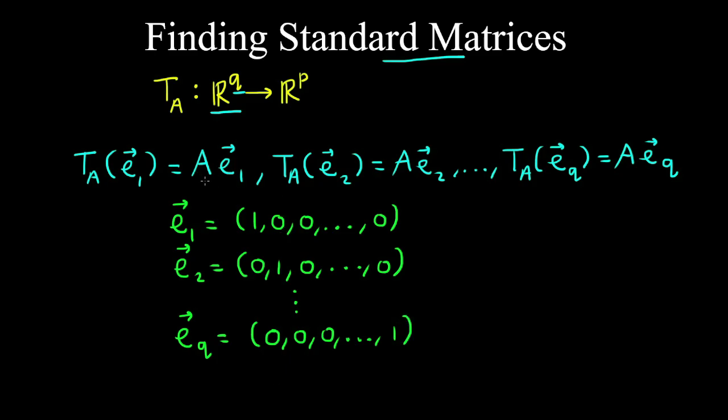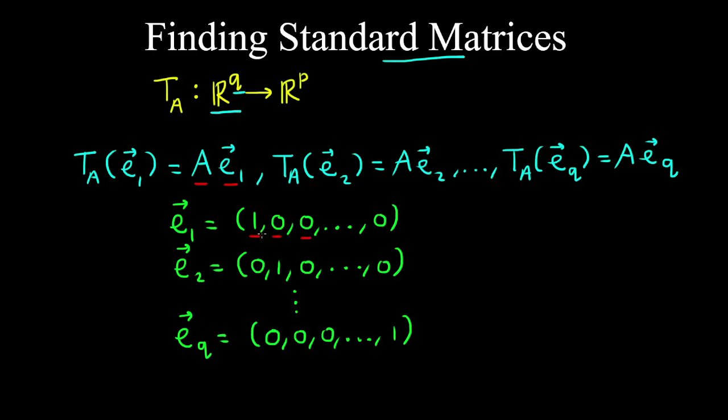Remember that we can express the multiplication of a matrix by a vector as a linear combination of the matrix columns, with the vector components being the coefficients.